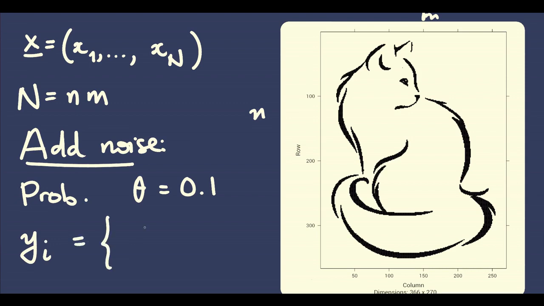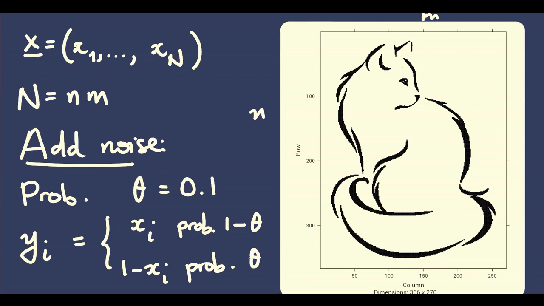We'll have yi equal to the actual value of the pixel xi with probability 0.9, or 1 minus theta, and it'll be equal to 1 minus xi with probability theta. So we go through each of the pixels in turn and flip them with probability 0.1 independently. That gives us our noisy image, which we denote by y.